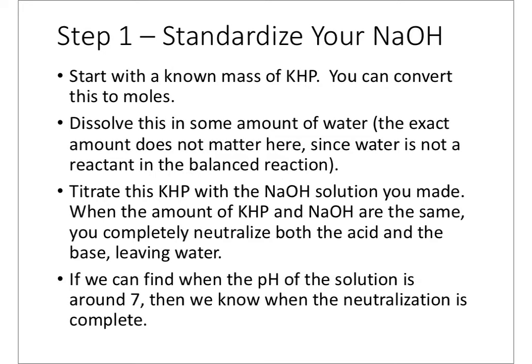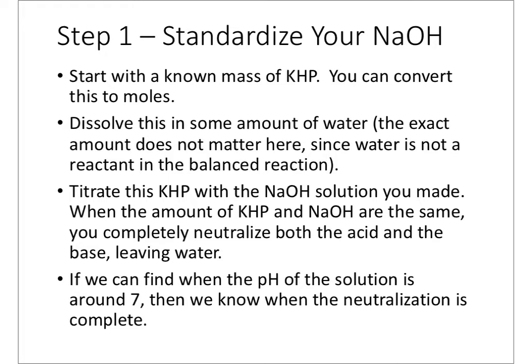So step number 1, we're going to start with a known mass of KHP. If you were in the lab, you would start by weighing out some KHP. Now that you have a mass of this, you can convert that to moles. Then you're going to dissolve this KHP in some water. What's pretty interesting about this reaction is that the amount of water you dissolve this in doesn't really matter.